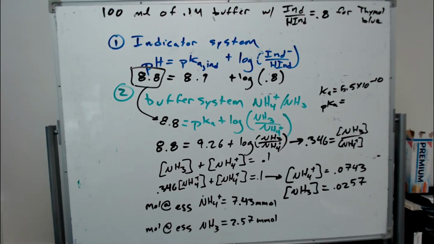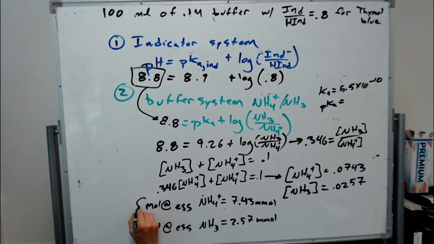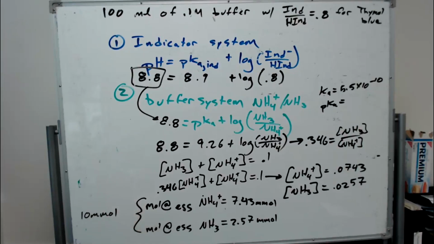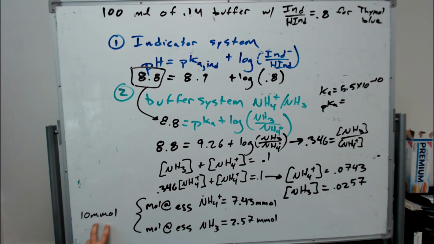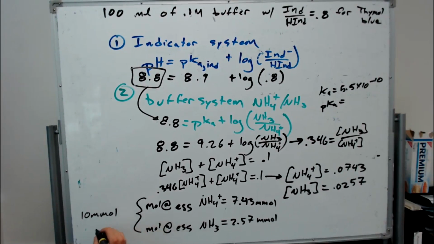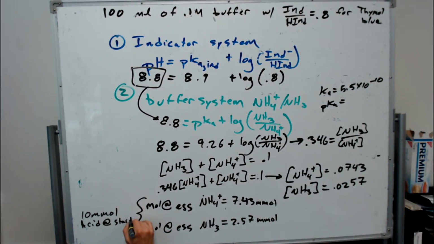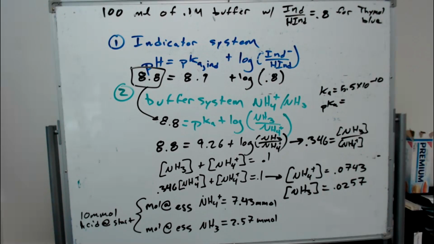When I add these up, I get my total amount, 10 millimoles, which I could have figured out just by doing 100 times 0.1. That's going to be my acid at start, adding those two numbers together, or just jumping and doing 100 times 0.1. Either way.